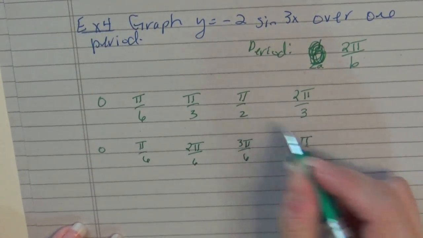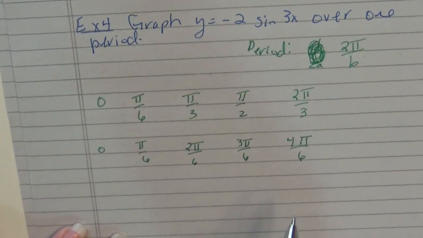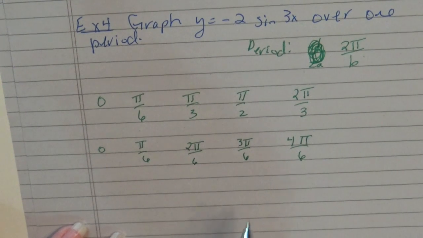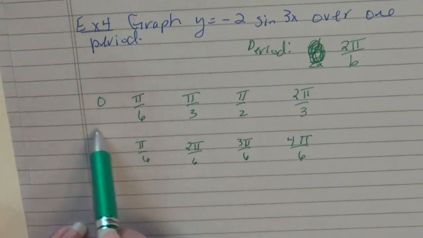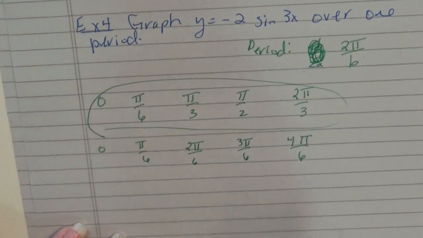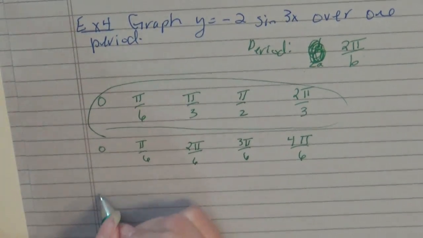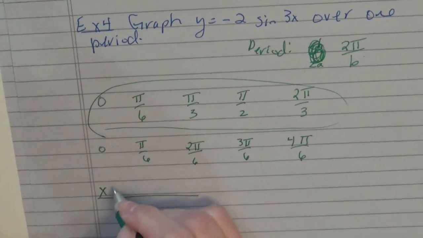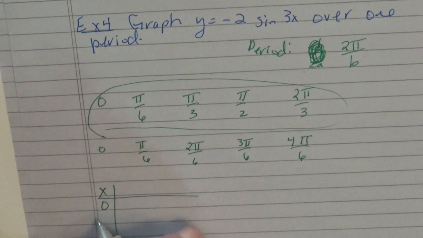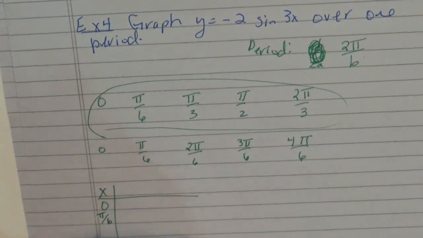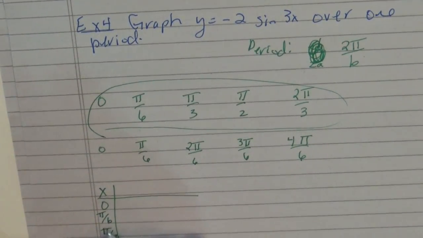So these are just the simplified versions. If you're having trouble with the fractions, just use common denominators to help you. At any rate, these are the values that we're going to put into our table for x. So we go to our table: 0, pi over 6, pi over 3, pi over 2, and 2 pi over 3.